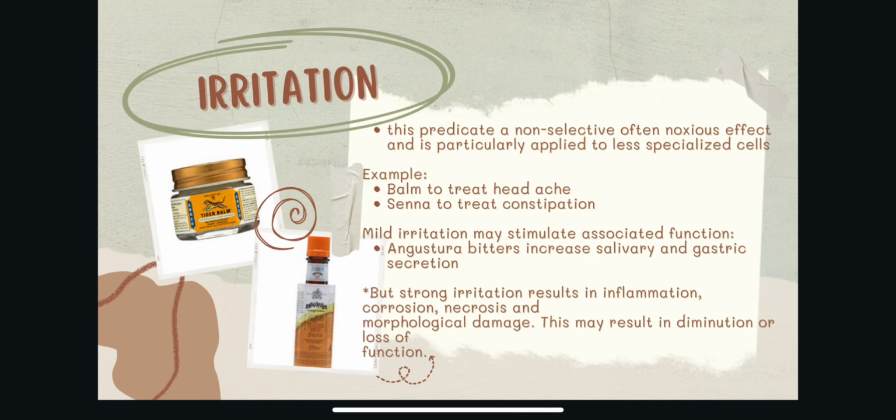For example, Angostura bitters increase salivary and gastric secretion. But strong irritation results in inflammation, corrosion, necrosis, and morphological damage. This may result in diminution or loss of function.